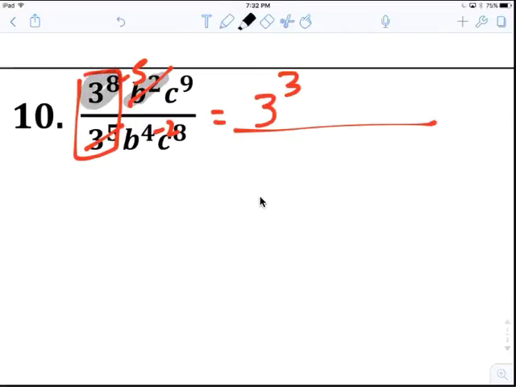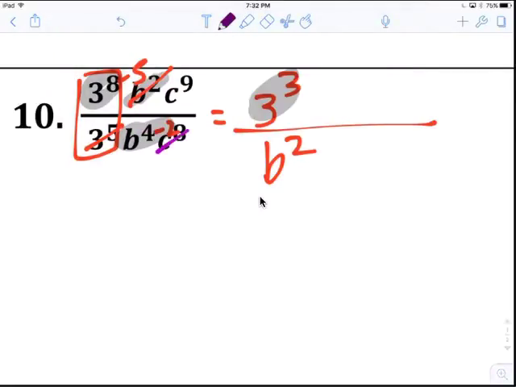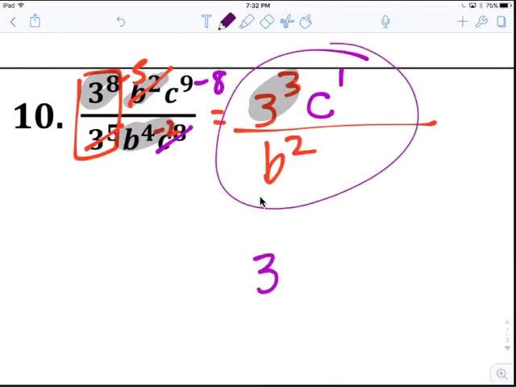This was in the numerator, it stays in the numerator. This now is in the denominator. The answer needs to be in the denominator, b squared. The last one here goes up to the numerator, so c to the first power. So your answer is this. You can write it 3 to the third c over b squared.